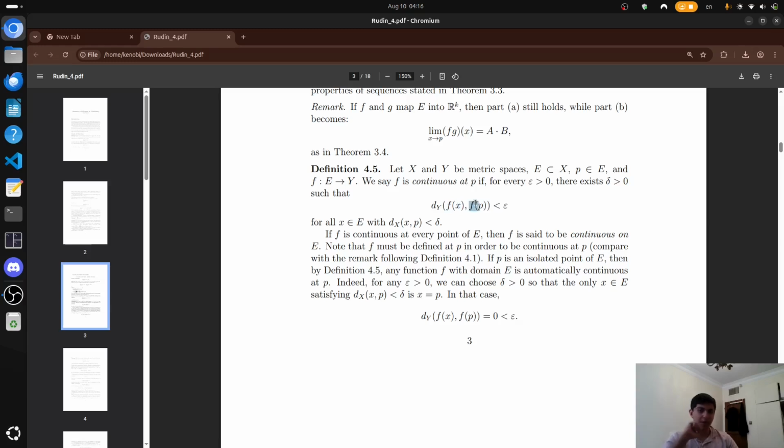That means the limit goes to f(p). Okay, let's see what it says here.